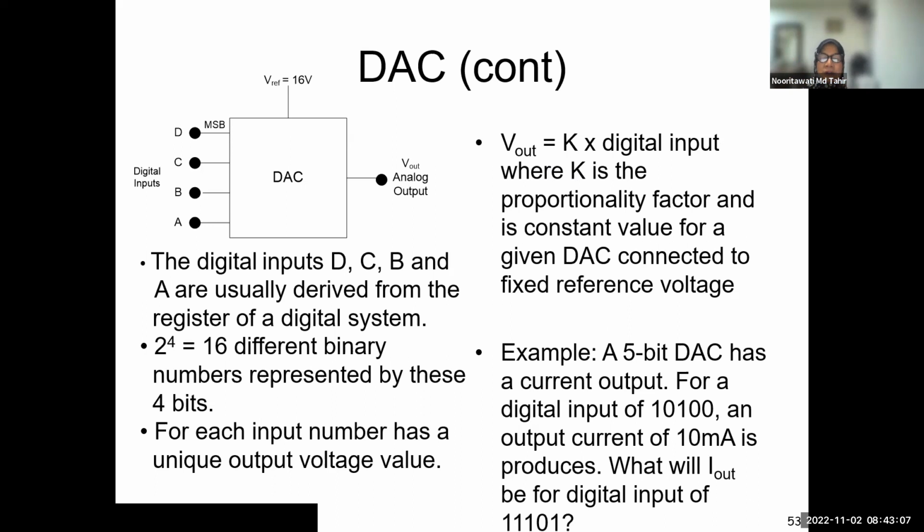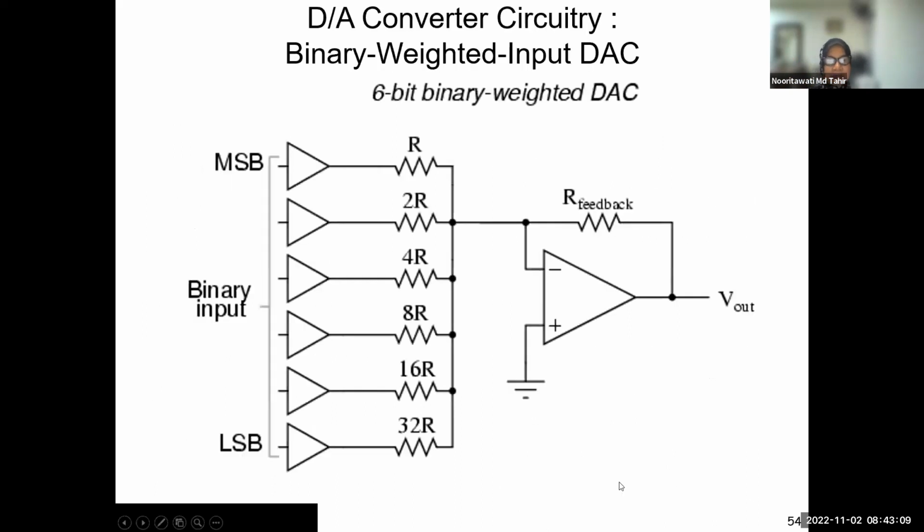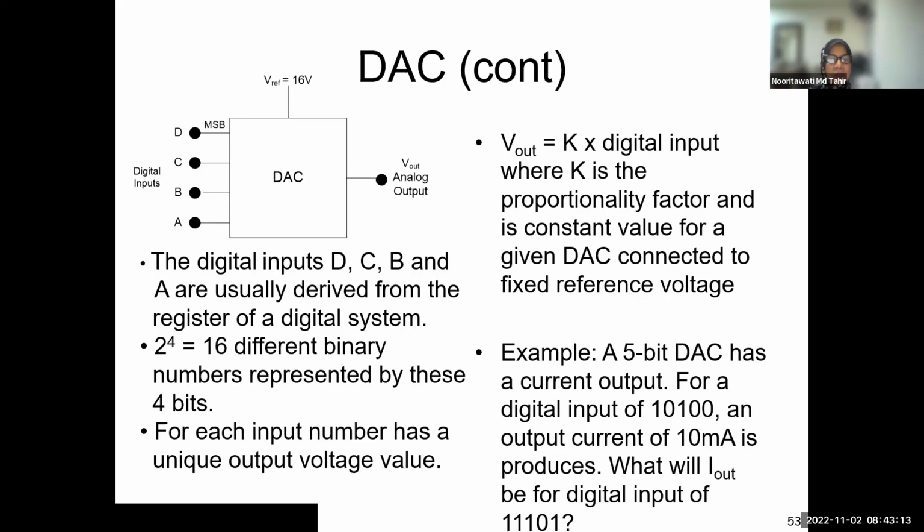For this particular example: a 5-bit digital to analog conversion has a current output. For a digital input of 10100, an output current of 10 milliamp is produced. What will be I out for a digital input of 11101?